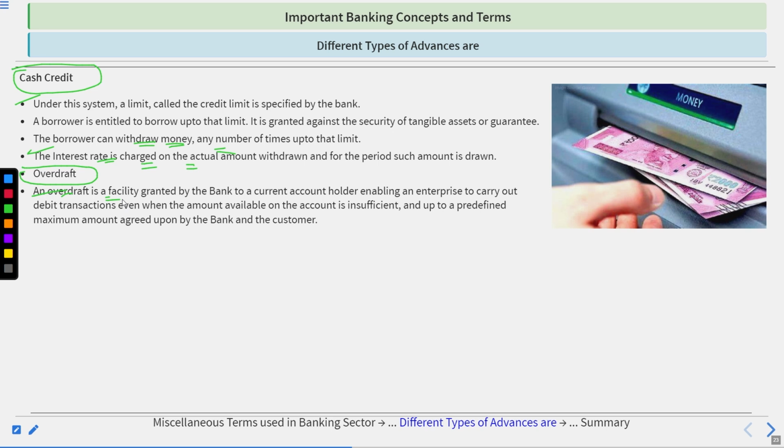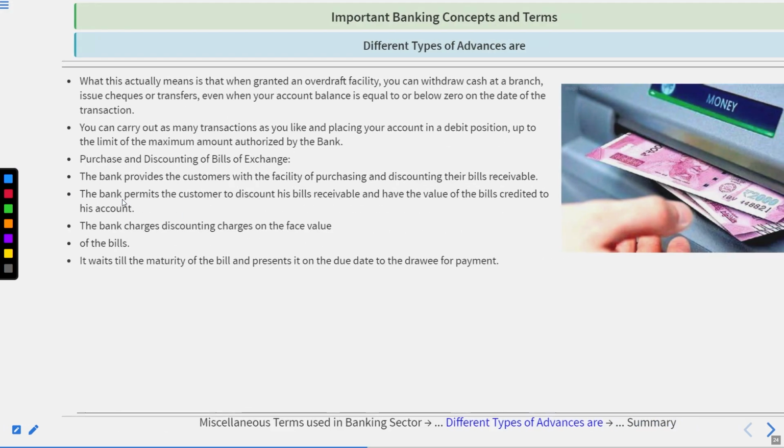The excess amount that you have used will be predefined and repaid to the bank by the customer. Suppose on your account you are entitled to an overdraft of rupees 2 lakh. Still, you having 1 lakh, you could make a transaction of 2 lakhs. Those 2 lakhs that you have used is the overdraft and is required to be repaid by you to the bank.